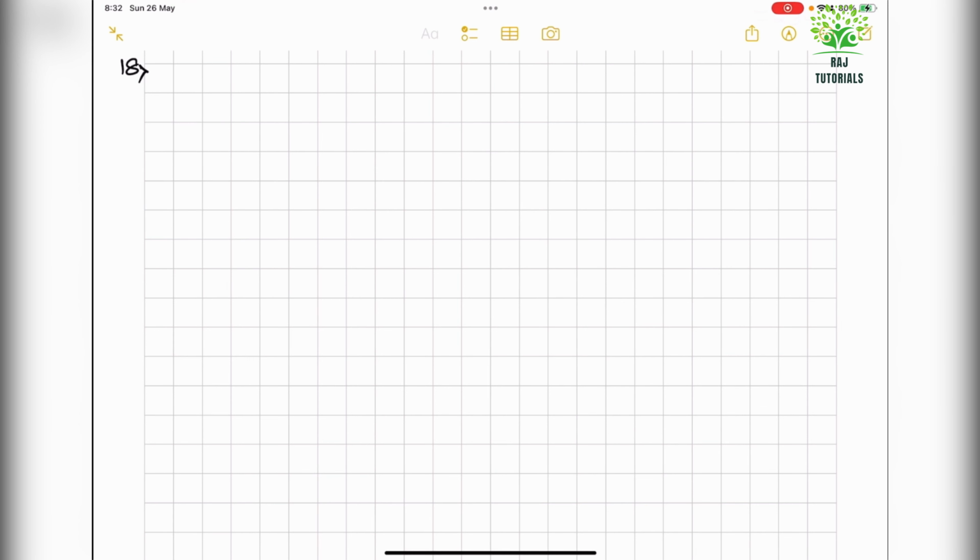So see, the perimeter of a semicircle will be equal to 2 pi r upon 2, so that is pi r.